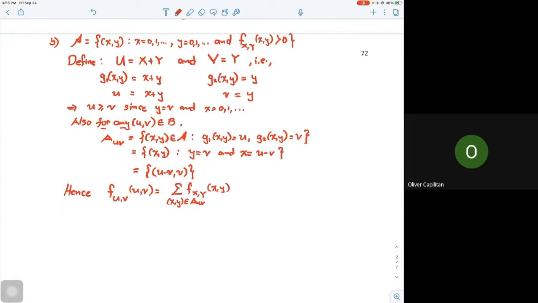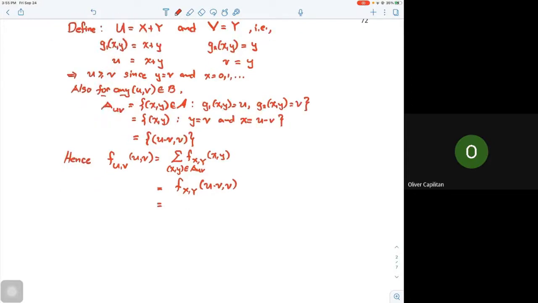So the summation has just one term. Simply, we can express this as f of xy, where x is u minus v, and y is v.